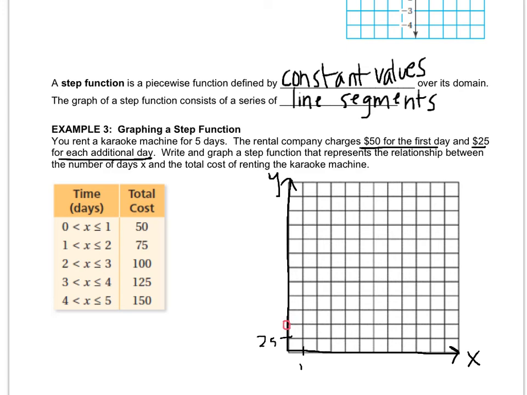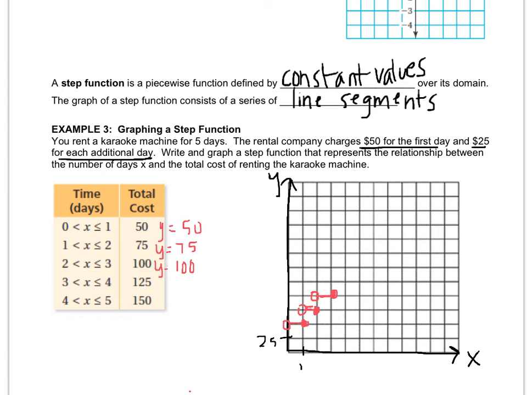So open circle around 0, and I'm going to stop my line at 1 because that represents the line y equals 50, but it's only the line y equals 50 from 0 to 1. Then I'm going to graph the line y equals 75, but I'm only going to include the values between 1 and 2. Then I'm going to graph the line y equals 100, but I'm only going to include it between the values of 2 and 3, and etc.